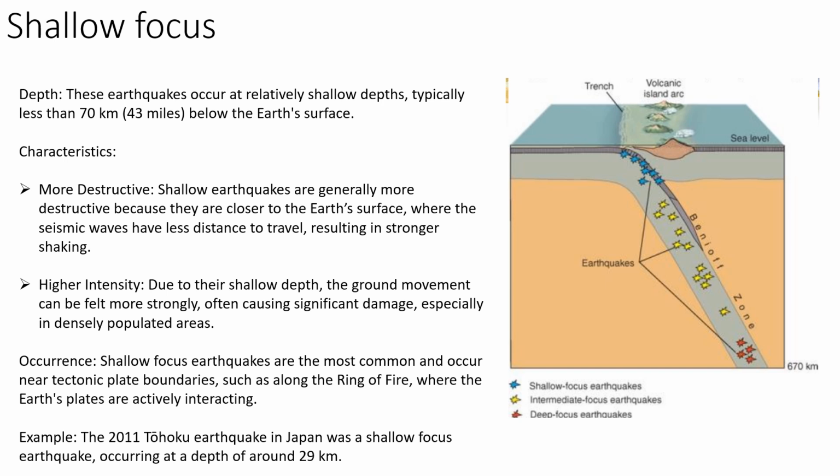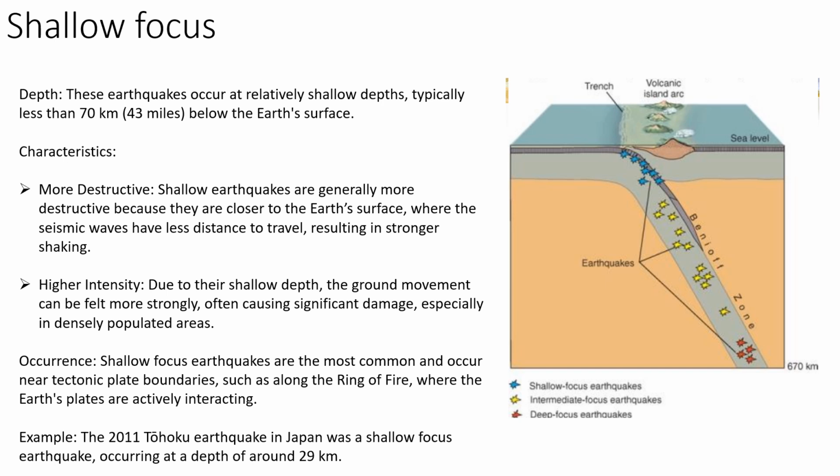So what about shallow focus? These tend to be relatively shallow in depth, about 70 kilometers or 43 miles down from the surface of the earth. They tend to be more destructive. There's less distance for the S and P waves to move, so less energy is dissipated, and they tend to be higher in intensity.